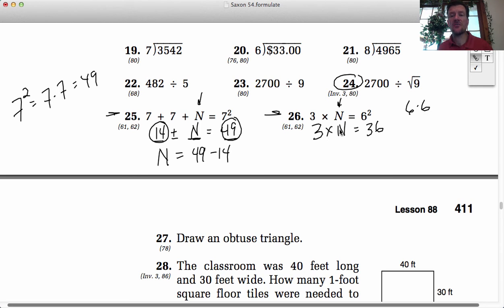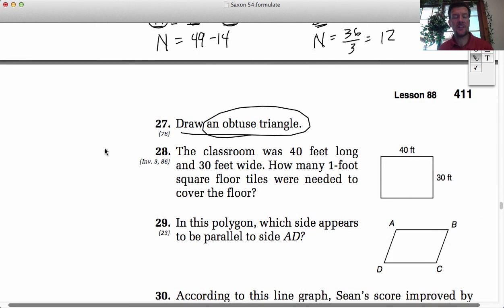So now you're saying 3 times what gives me 36? Since you don't know what n is, but you do have the 36 and the 3, you can say 3 times something equals 36, so that means 36 divided by 3 would give me that missing number, which in this case is going to be 12. Okay?